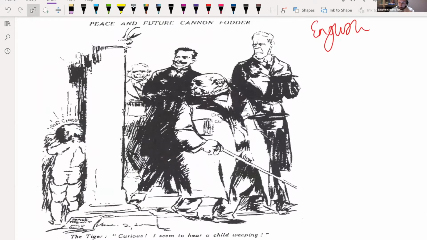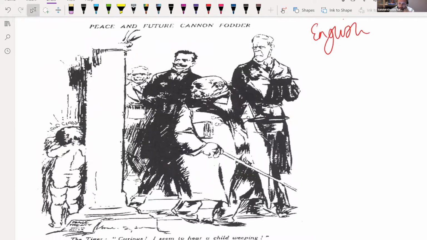This is the last one we're going to look at in this video, and this is an English cartoon published in the Daily Herald. It says, "Peace and future cannon fodder." Again, you've got to get familiar with the language used in political cartoons. If you don't know what cannon fodder is, it's men who are sent into war just to be killed.